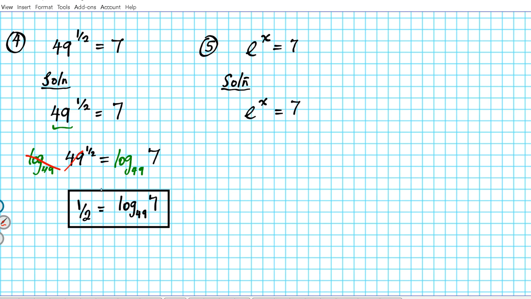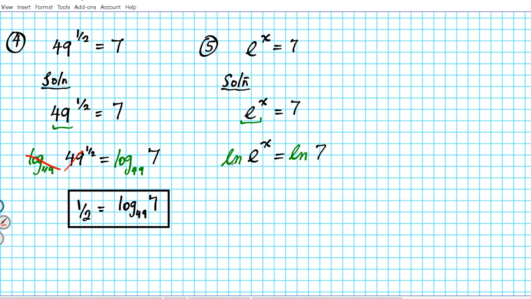Well, what we do is we take the log base e. So the base is e, the natural base. So we're going to take a special kind of log. It's not just any kind of log. Since the base is natural, we're going to use a natural log. Okay, so the natural log is ln. So you take the natural log of both sides of the equation, ln e to the x equals the natural log of the right side, 7.